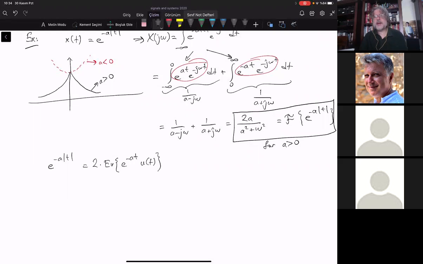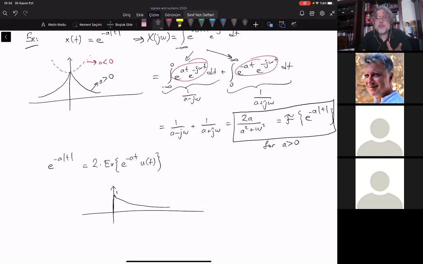What was e to the minus a t u of t? It was half-sided, like this, with this thing being 1.